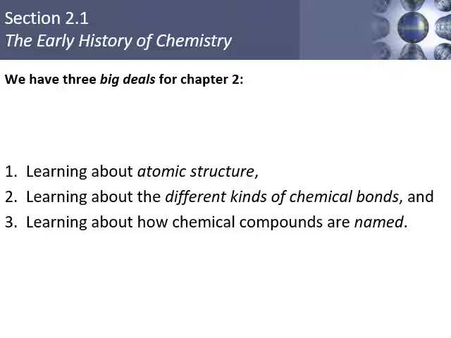And then learning about the different kinds of bonds, and the different ways that things are named. We'll find that there are several different types of ways that we name chemical compounds. So let's go ahead and go to the next slide.